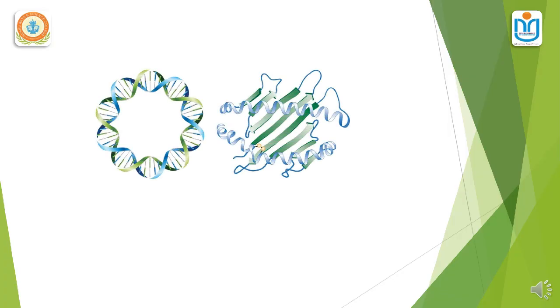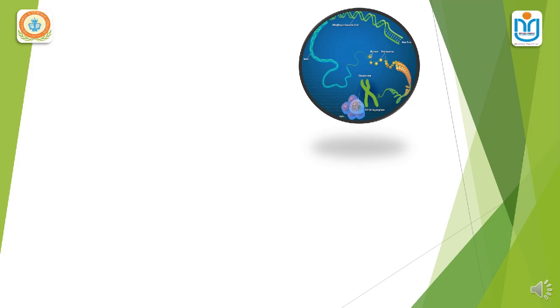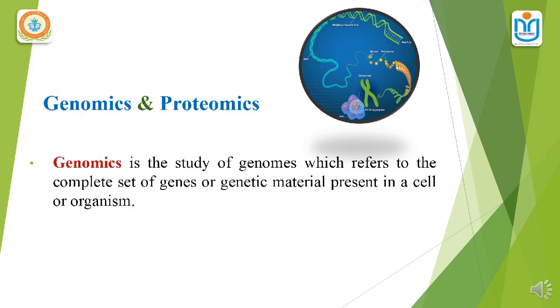Today we will be discussing a new topic, genomics and proteomics. First of all, let's see what genomics and proteomics mean. Genomics is the study of genomes, which refer to the complete set of genes or genetic material present in a cell or an organism.